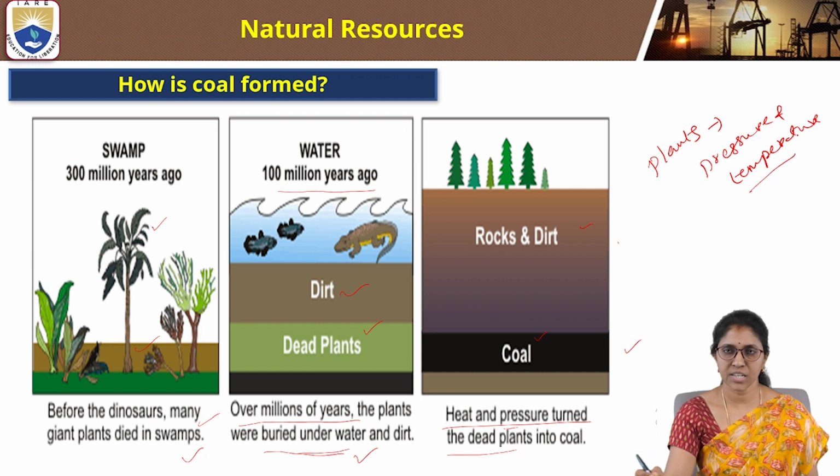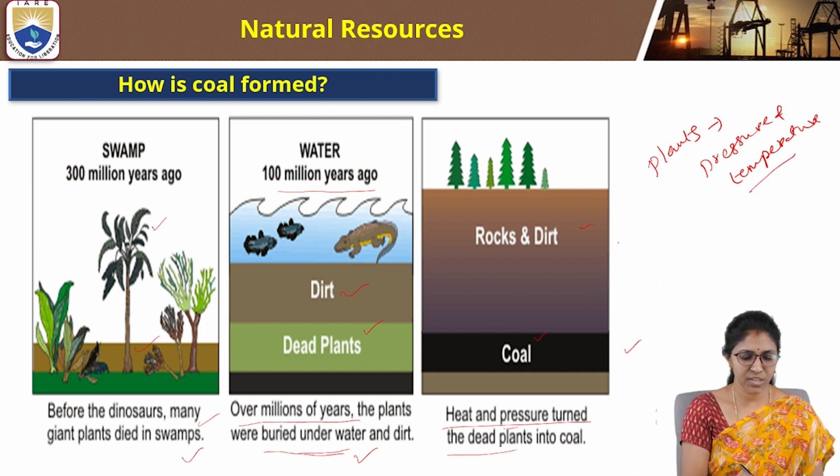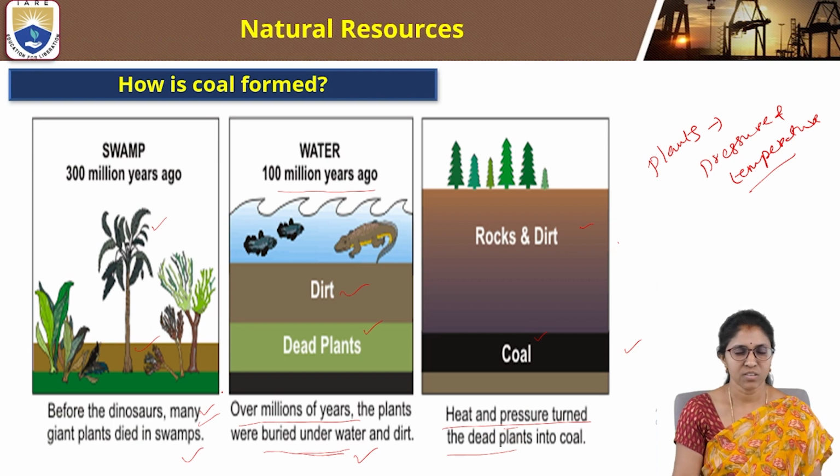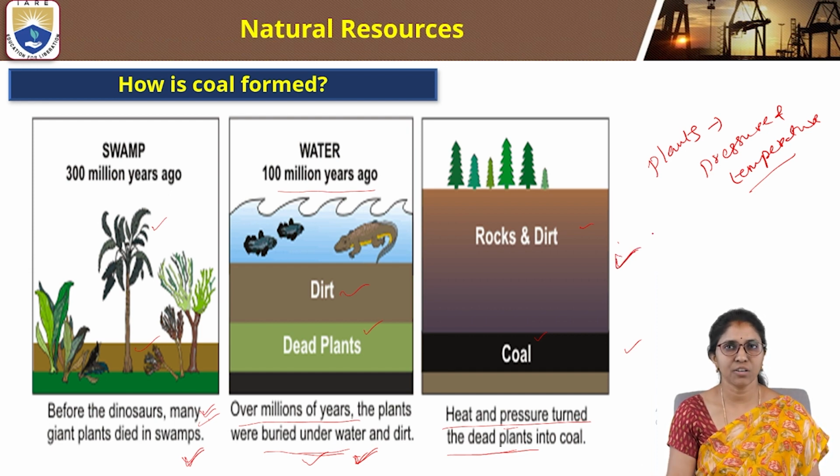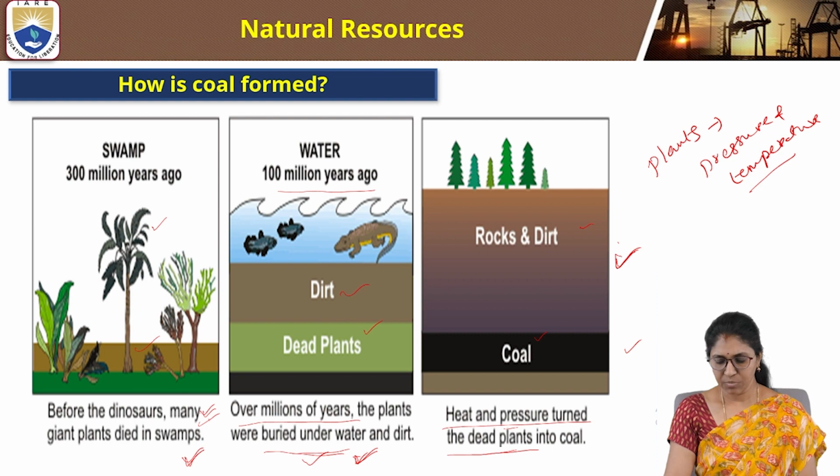Before the dinosaurs, many giant plants died in the swamps and were buried under water and dirt, under rocks. Because of heat and pressure, the dead plants buried in the dirt were converted into coal. This is how coal is formed over millions of years.